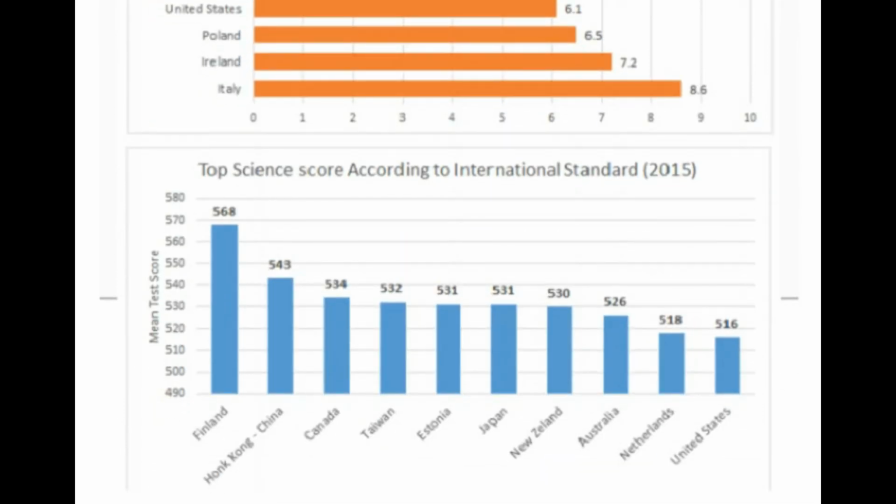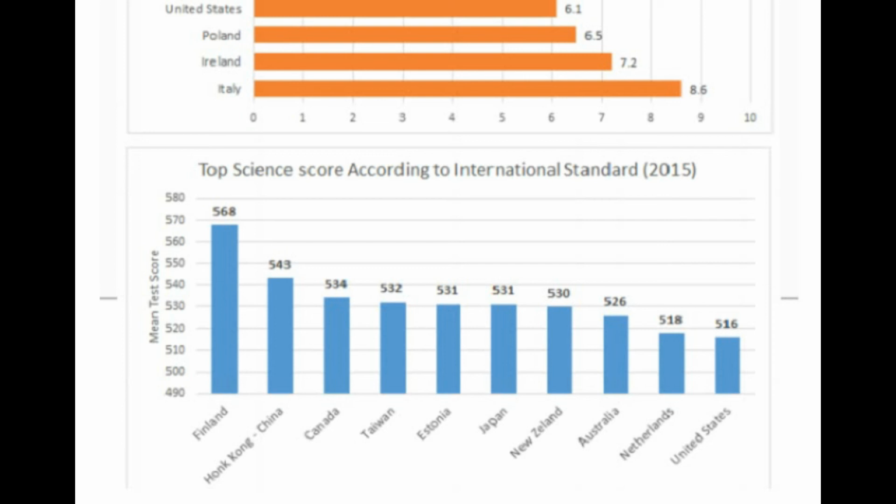And the bar chart given down below exhibits the highest scores in science according to international standards, right? So let's do some practical. If Italy, after spending the highest number of hours on homework, is it still able to get good grades or scores in science according to the bar chart given below, or not? Let's see.